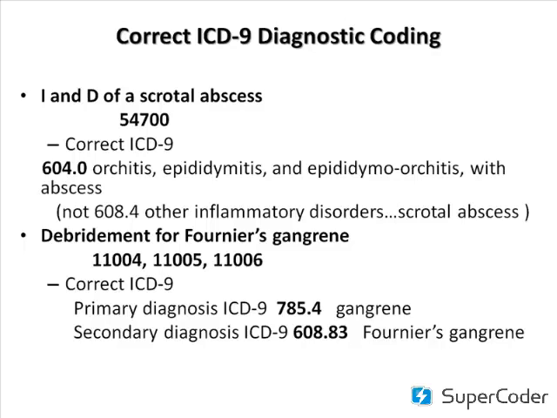These codes have 0-day globals because in the treatment of Fournier's gangrene, many times you have to repeat the debridement of the various areas.